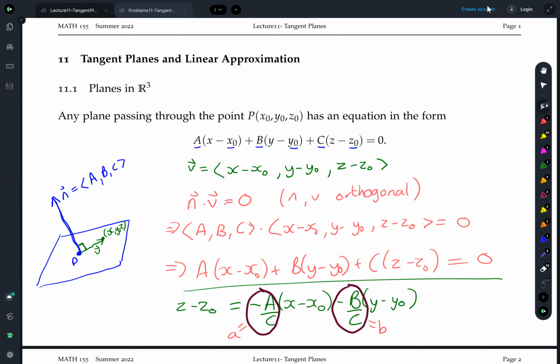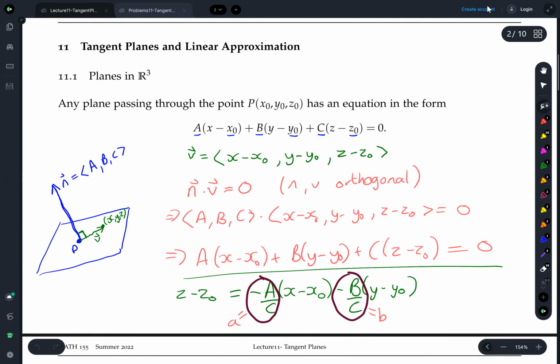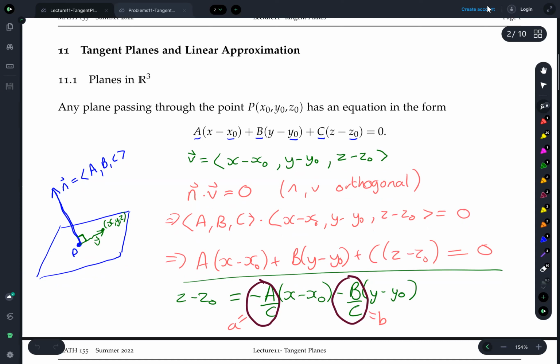Okay, so how do we describe that plane? It turns out we can describe it using something called a normal vector. So a normal vector is a vector that is perpendicular to that plane and some point that that plane passes through.